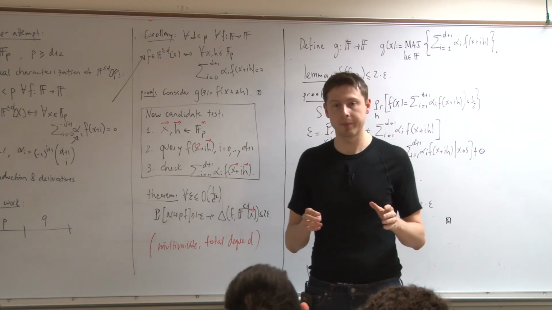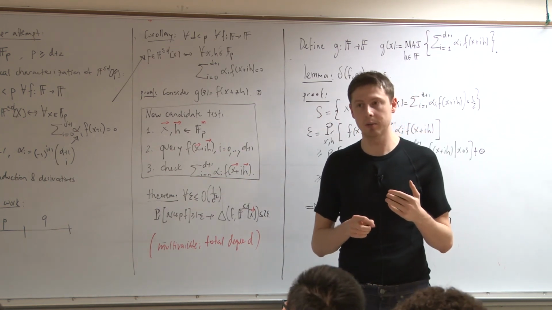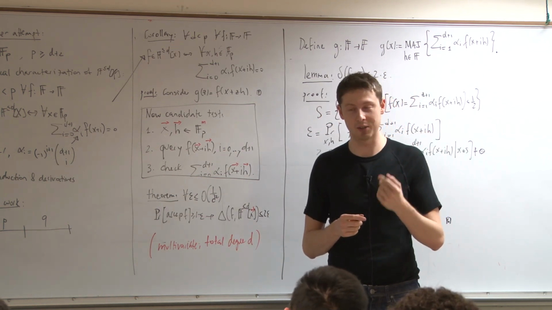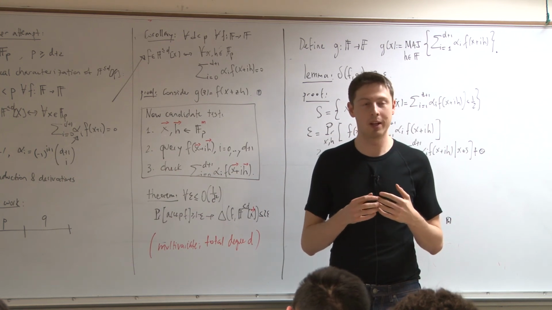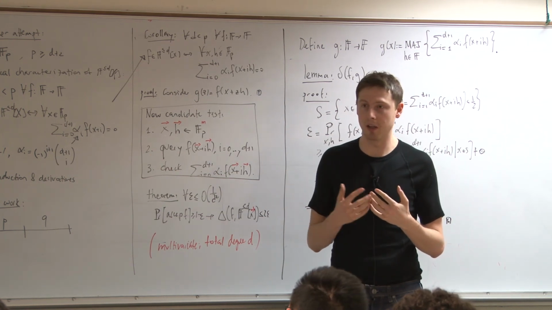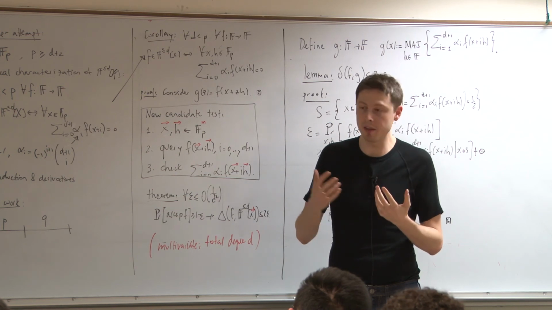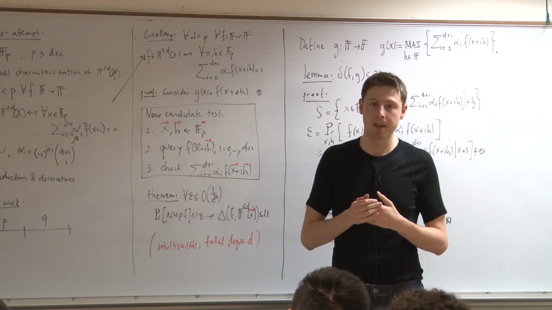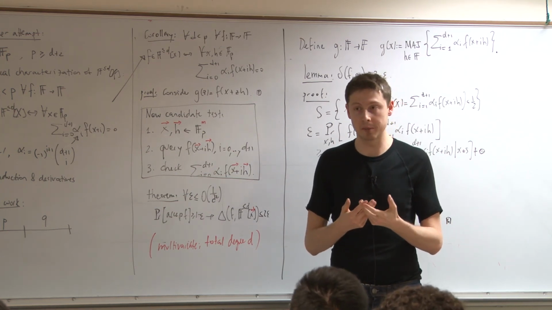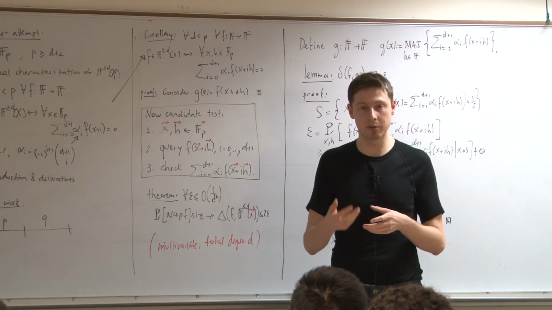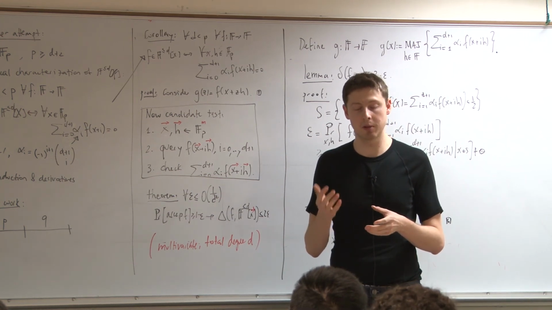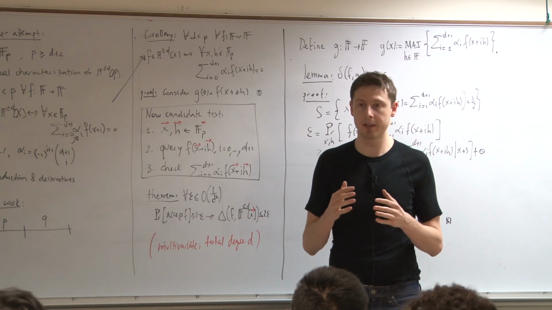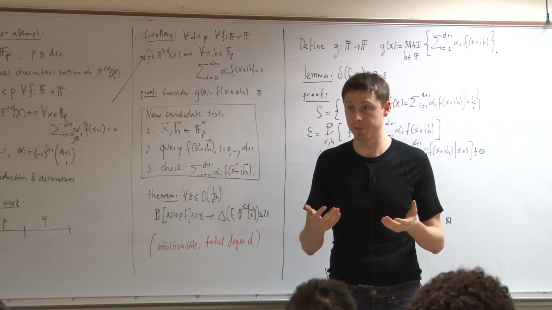So next week, I think it will take us again two lectures, we can strengthen the statement and say that not only can we check the satisfiability of some statement with a small number of queries, but the running time of the checker is on the order of the number of queries.